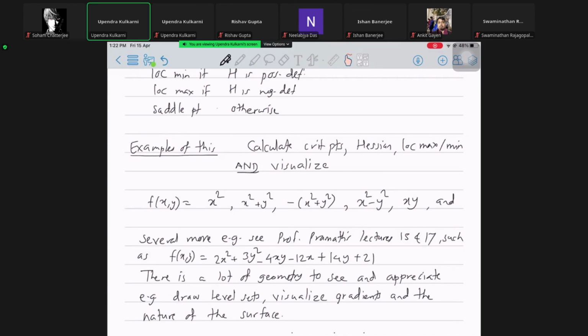Nonetheless, what kind of graph am I going to get for this? f of x, y equals x square. What kind of graph am I going to get?